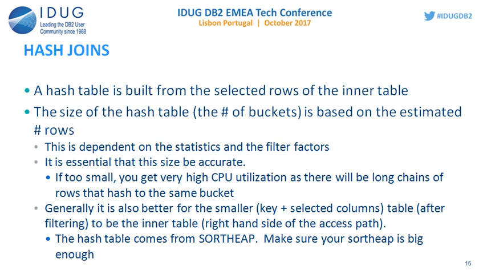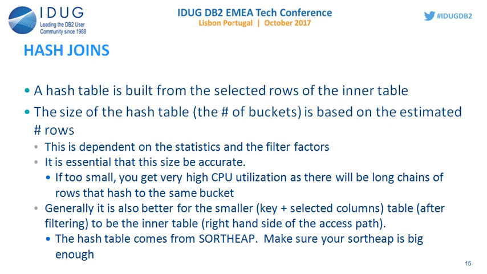In which case, after the hash table is built, DB2 reads the outer table, hashes those keys, looks in the hash table bucket, and then looks at the key values to find the one that actually matches that particular key. And if it has to search through thousands on a chain, your CPU time is going to go way up. So it's important that it be the right size.